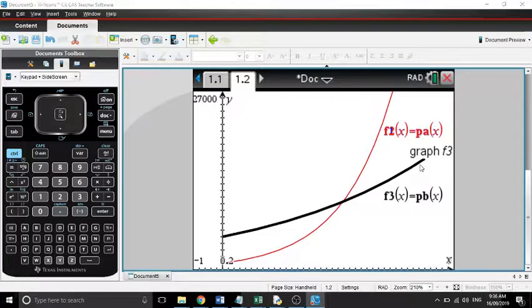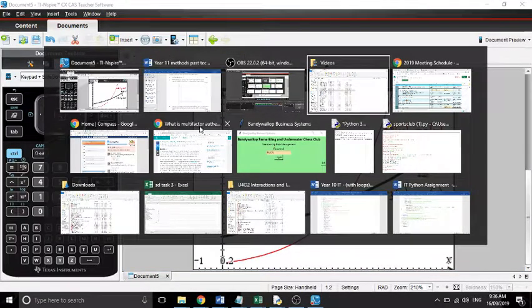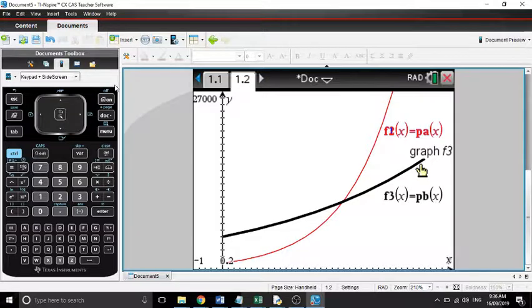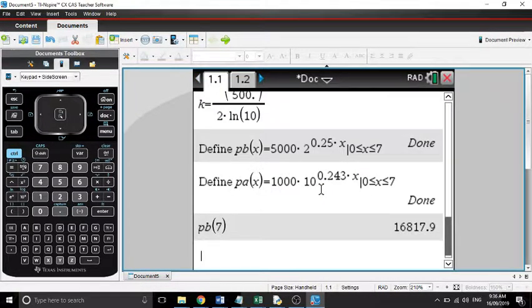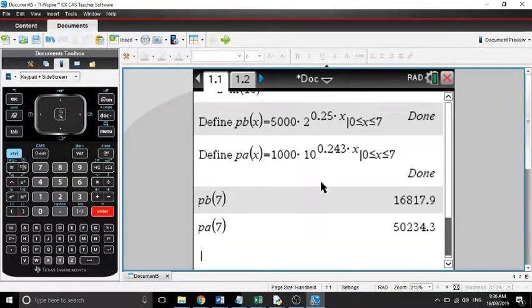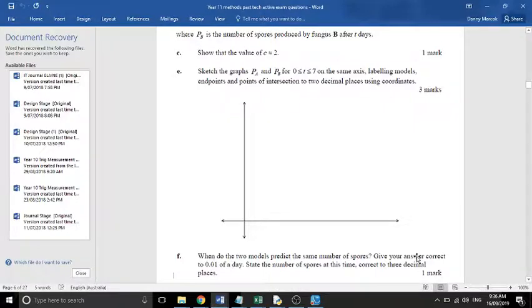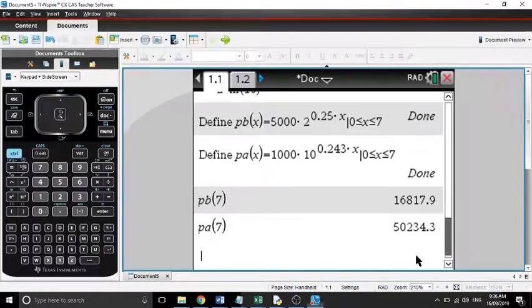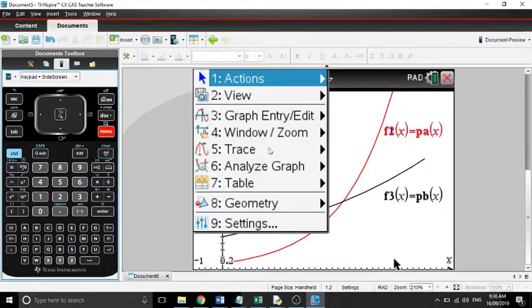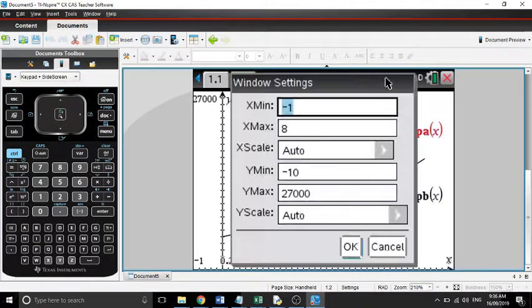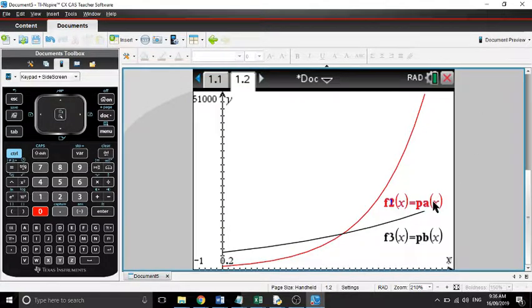Oh, okay. PA of 7, 50,000. So let's go up to 52,000 or 51,000. Menu, window, 51. So there we have our two graphs.